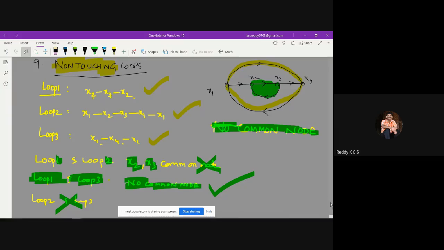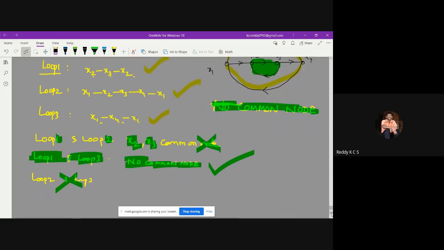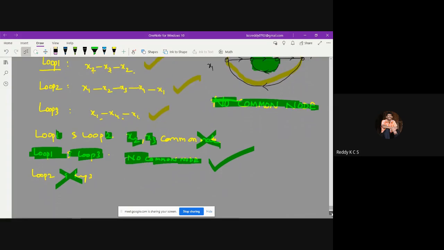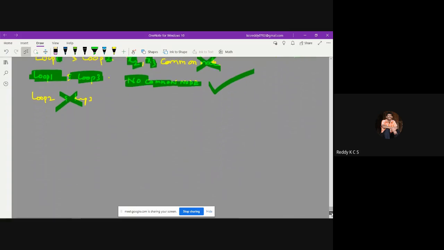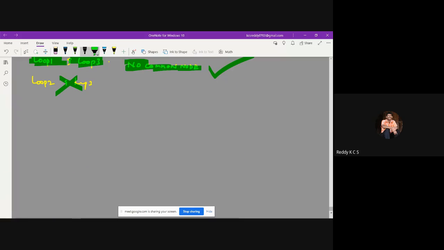Of course, you can have combinations of 2 non-touching loops and 3 non-touching loops. In this case, this is 2 non-touching loops, and in some other cases, for example, you might have an example like this. If you represent here, this is loop 1, this is loop 2 and loop 3.